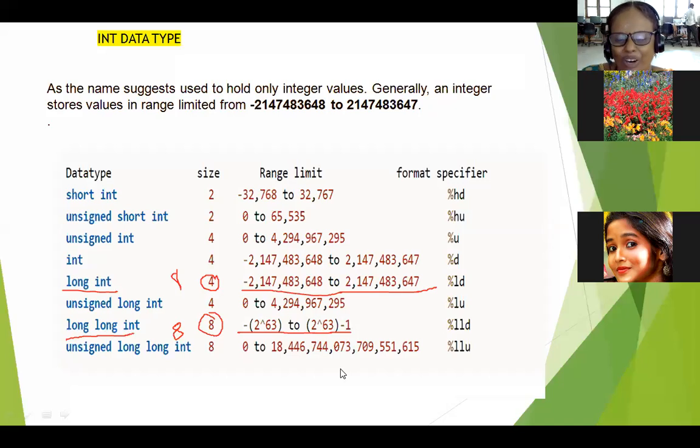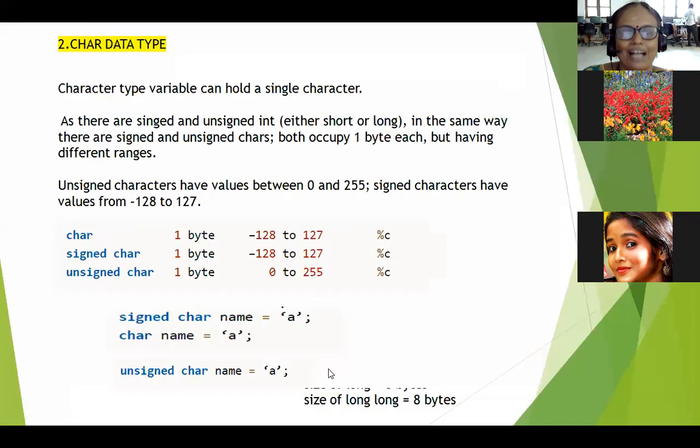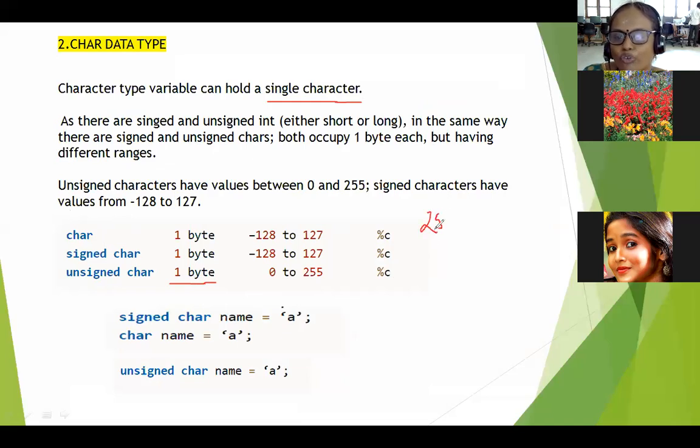Okay. I think one of you had asked, that's why I have come back. Char data type. You just note this down. Char means a single character. But similarly for char, what is the maximum byte now? 1 byte. Very simple. Why is it 1 byte? 255. I have written that there. 255.